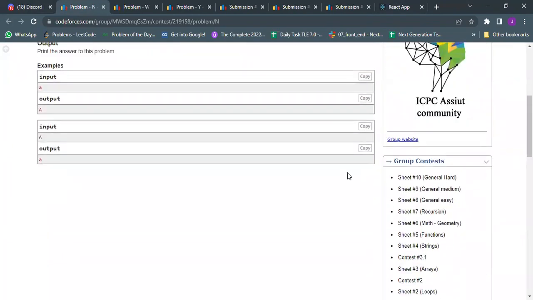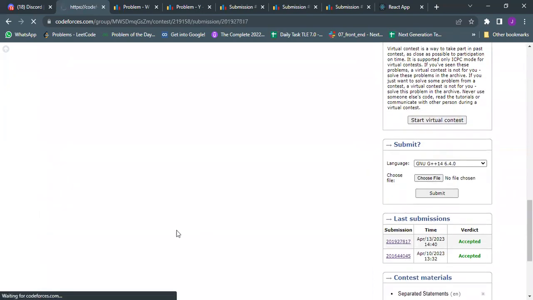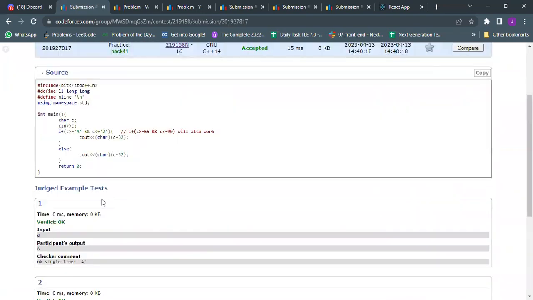Okay, so I can show you the code basically. So we will just take input C as a character, okay, and we'll check if C is greater than equals to A and less than equals to Z, that means it's an uppercase letter, and then we will add 32 to it, okay, to convert it into lowercase, and it will be converted into character.